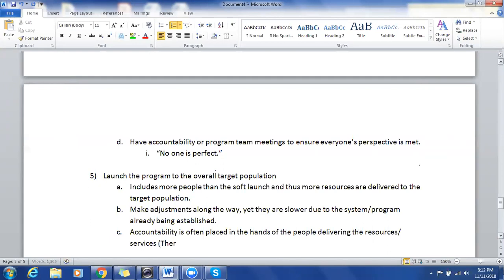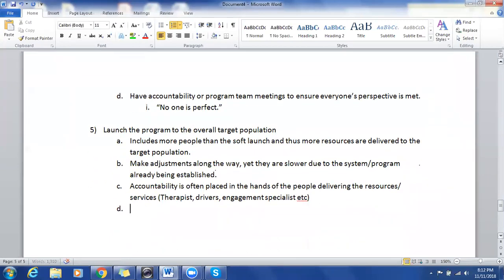So this could be therapists, drivers, engagement specialists, etc. This isn't the particular researchers or the program developers. Thus, administrative people aren't really overwatching. So whatever happens within the actual launch of the program is up to the people that are actually delivering it and whether they want to follow it or not.